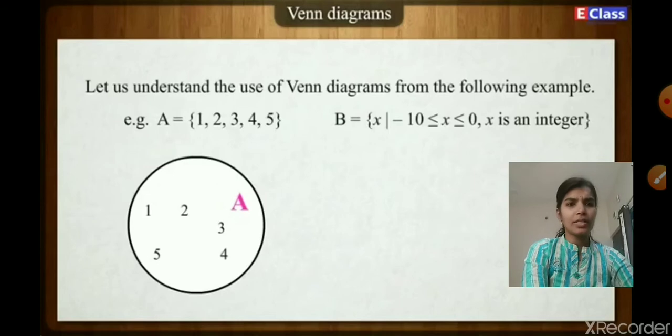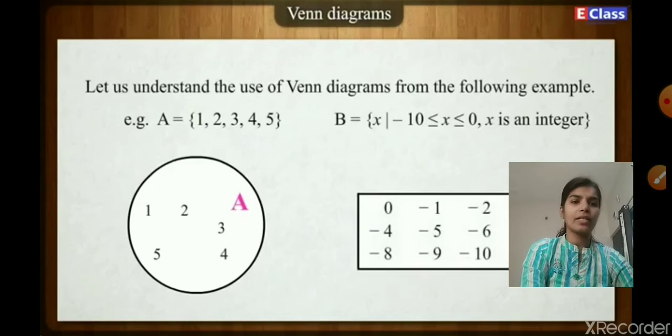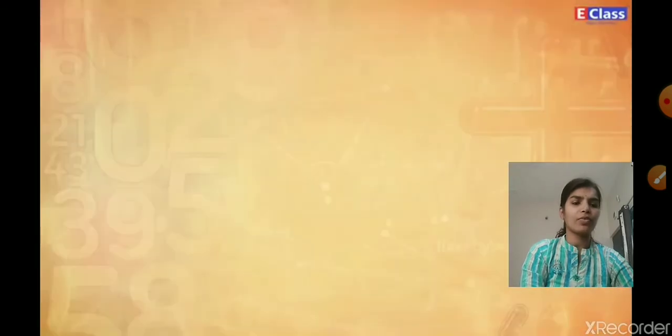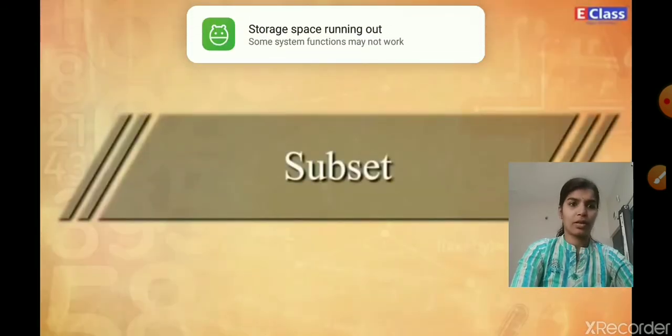So in set B we have the numbers from minus 10 to 0: minus 10, minus 9, minus 8, minus 7, minus 6, minus 5, minus 4, minus 3, and so on. All these numbers are written in the closed figure.